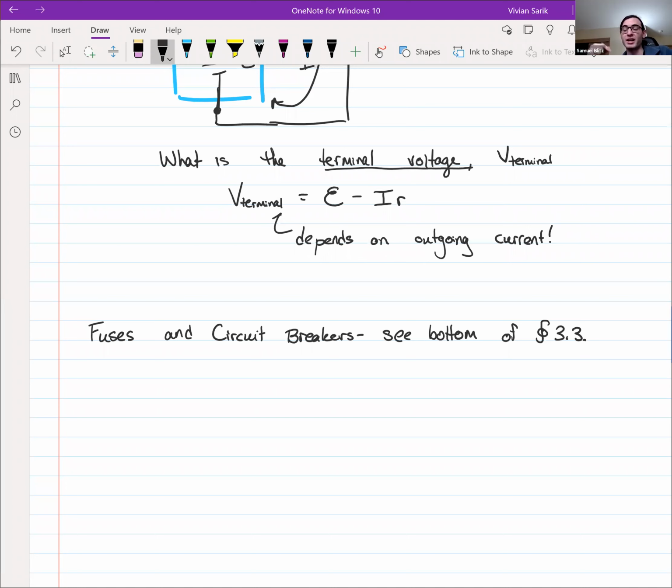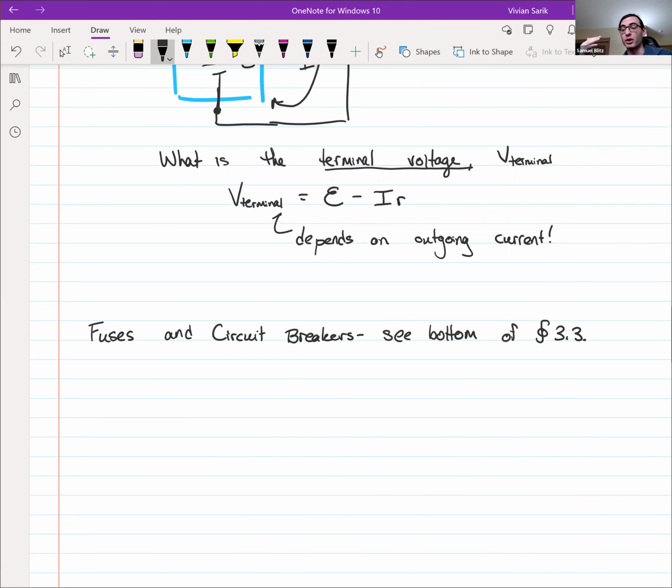If you want to prevent, say, a fire from happening because too much current goes through whatever device you're interested in protecting, you put a very, very thin piece of wire between your power source, your battery or your mains electricity, and the device. If too much current passes through that little tiny wire, it heats up and melts and breaks the connection. So fuses are a one-use object, but it's a good way of protecting individual devices if you need to.